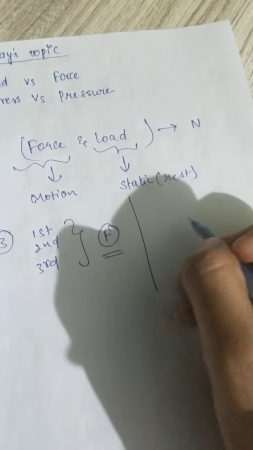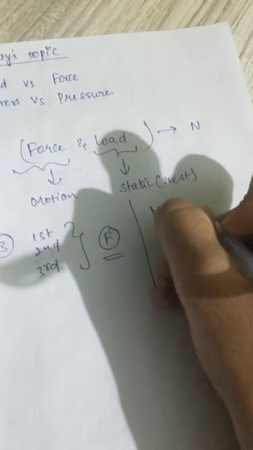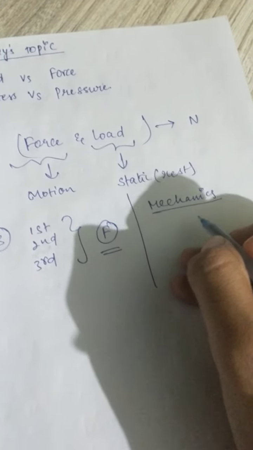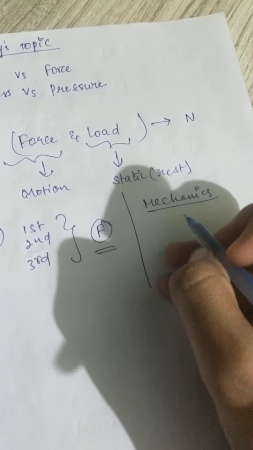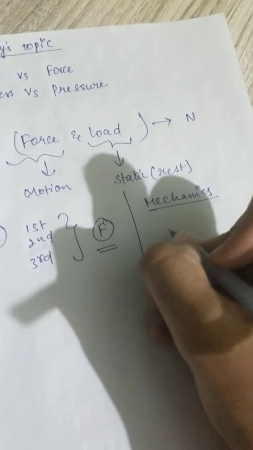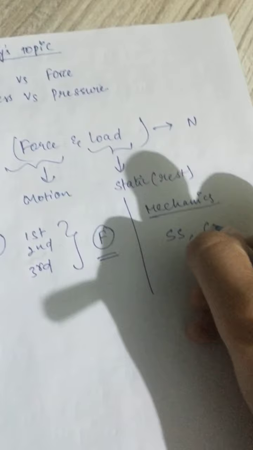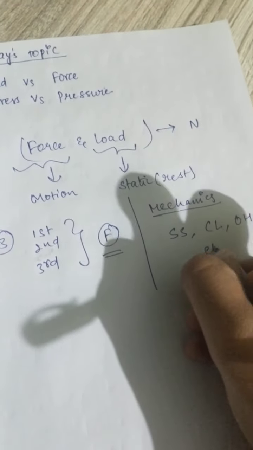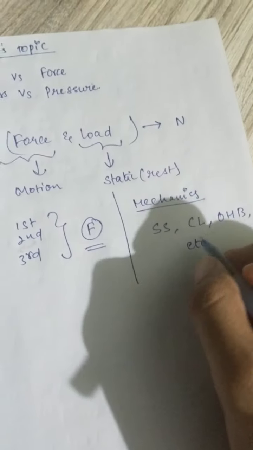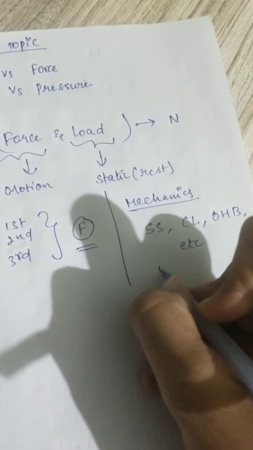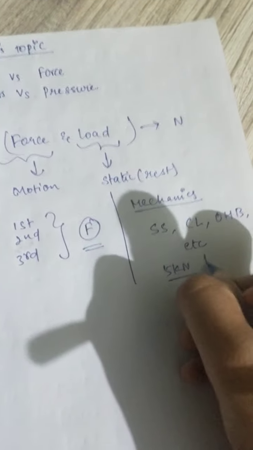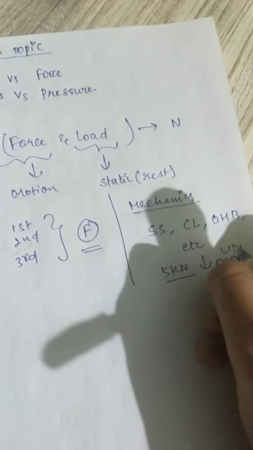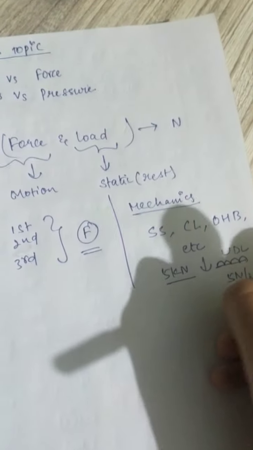But if we see engineering mechanics, when we take beams like simply supported, cantilever, overhanging beam, etc., in this we will say that a load of 5 kN is acting downwards, and a uniformly distributed load is acting through a span of 5 Newton per meter, something like that.